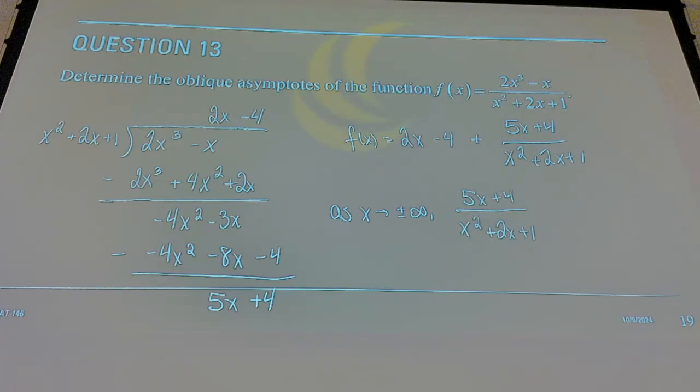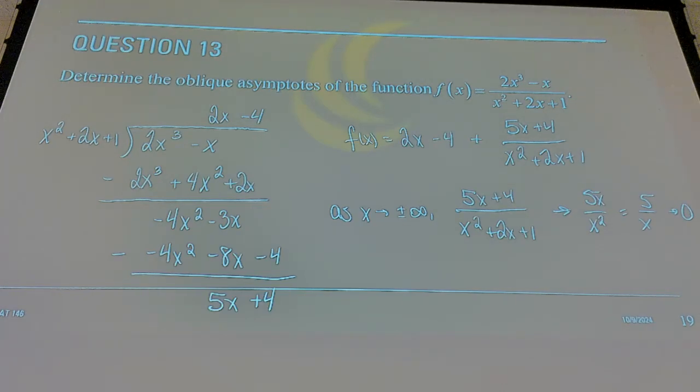And so if we look at the remainder as x gets either very large or very large in the negative, that would tend towards 5x over x squared, right? Which is 5 over x, which tends to 0.